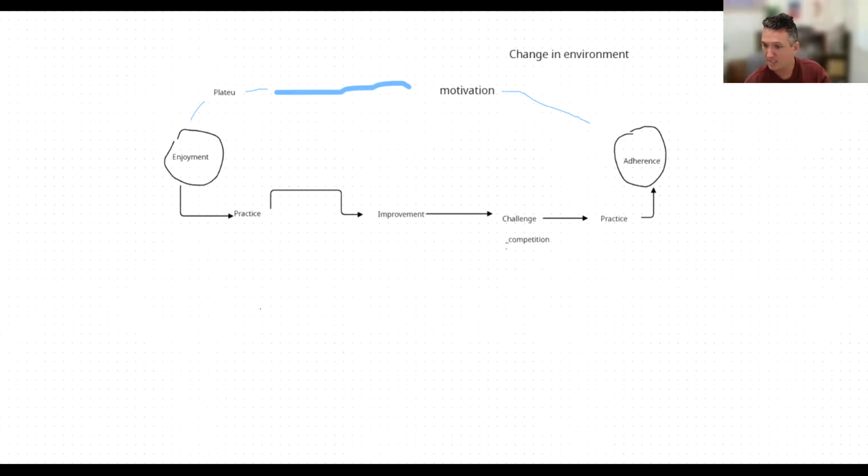James says when the social interaction element emerges, it increases their motivation. Yeah, absolutely. And this is where we have to consider a constraints-based approach. If someone is very prone to being motivated by social interaction with others, social interaction might increase motivation. Motivation increases adherence. Adherence increases enjoyment, and so on.